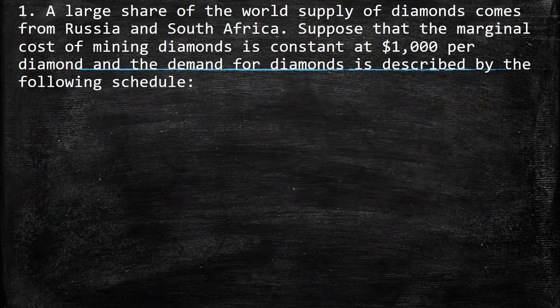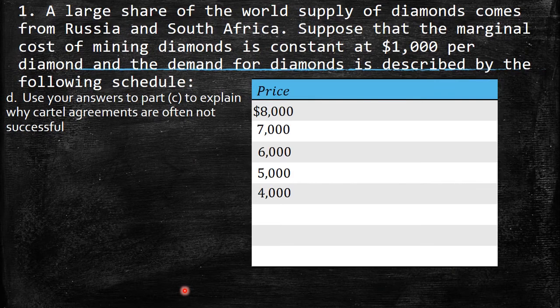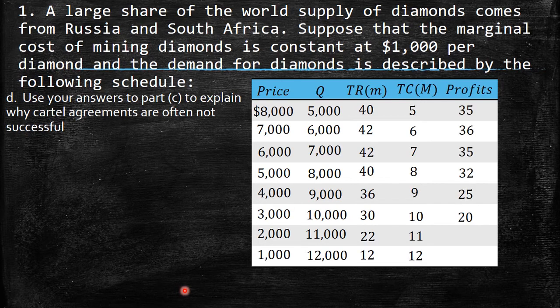Okay, so then use your answers to part C to explain why cartel agreements are often not successful. So actually, it's basically what I said before. This is not successful because there are a lot of incentives. Maybe South Africa cannot measure the movement, and they say, okay, I'm going to take that risk because it's worth it.